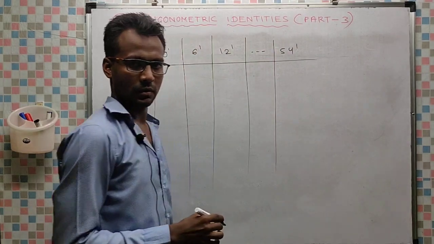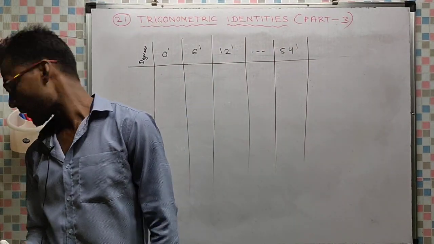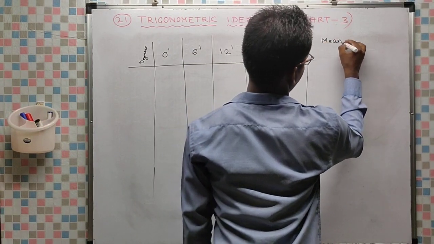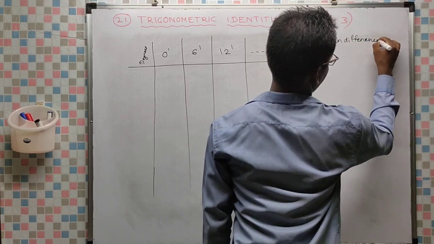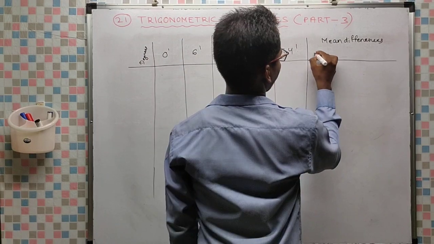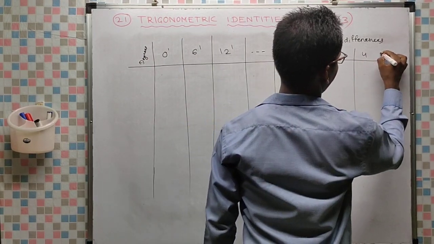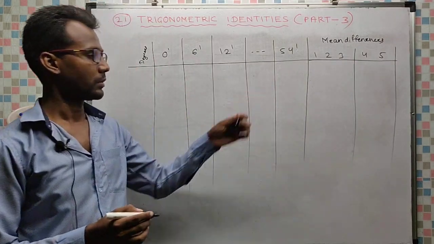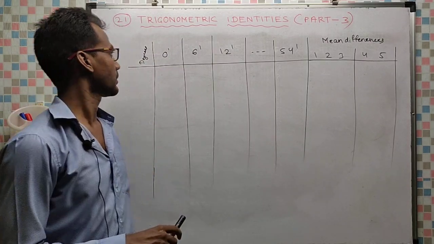After that we have mean differences: 1, 2, 3, 4 and 5. I think you are able to see. Look at your book, then only you can understand.